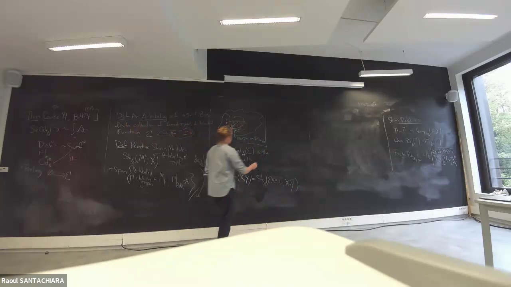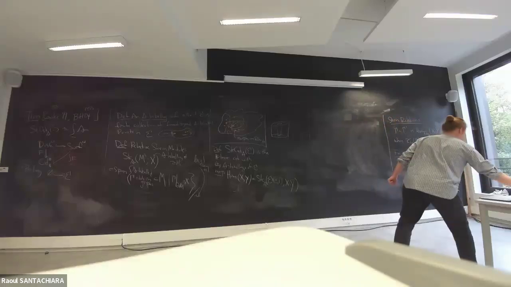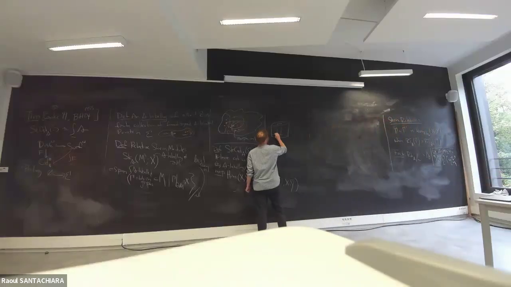Okay, so this is what we have. The picture that you would think of is, if I have some annulus here, then my morphism spaces look like this, vector spaces of embedded graphs.